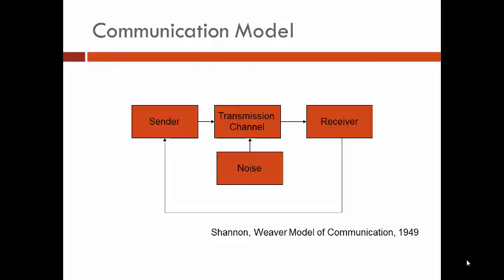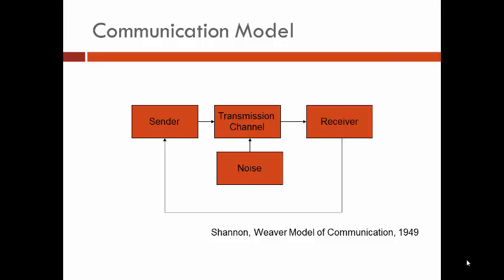The first model we're going to look at is the Shannon-Weaver mathematical model of communication. Now this model was first created in 1949, but it's still used today. The Shannon-Weaver model shows you that you begin with a sender who creates a message.